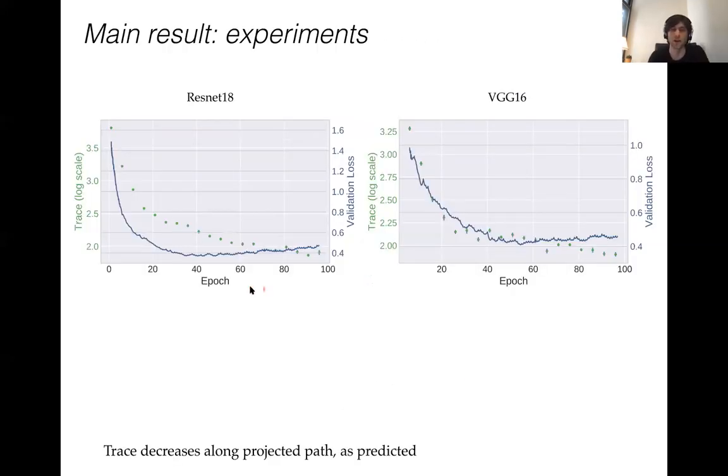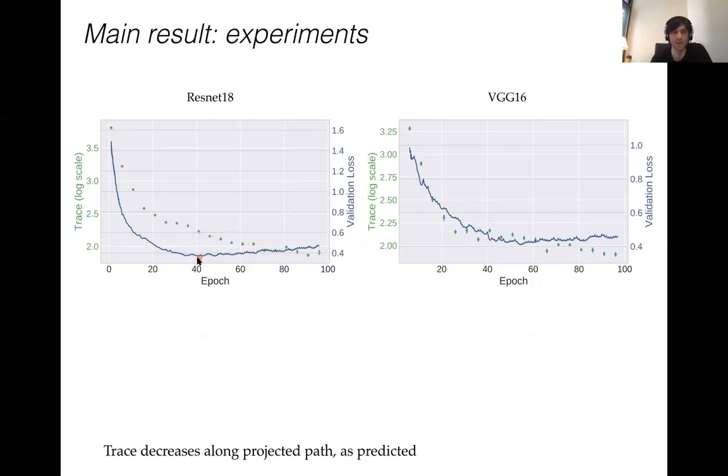To show you that it works, Mingwei took that experiment from a couple slides back with those projected paths and looked at the trace of the Hessian, or estimated the trace of the Hessian, and overlaid here in blue is that validation loss, the held out loss from before. And what you see is that the trace of the Hessian is indeed monotonically decreasing with some noise.